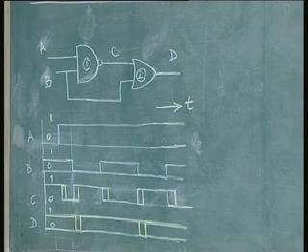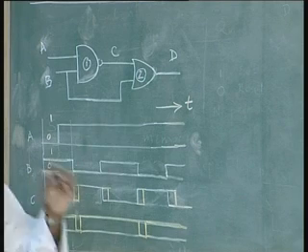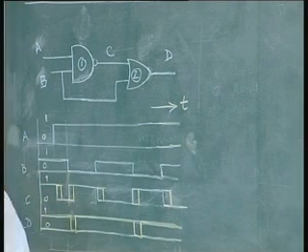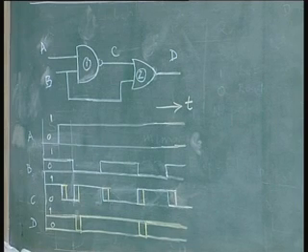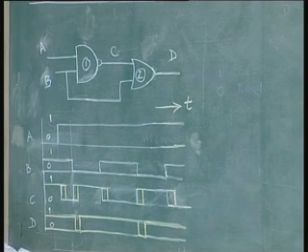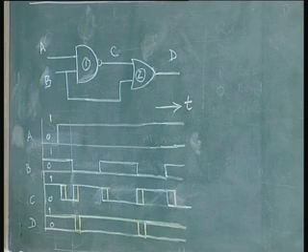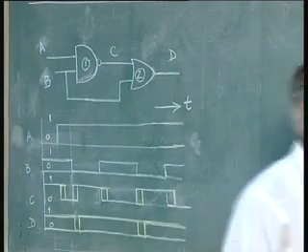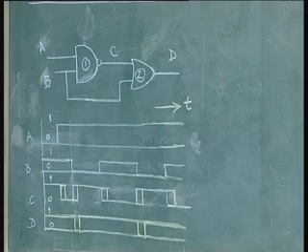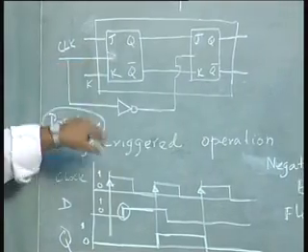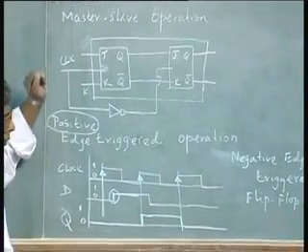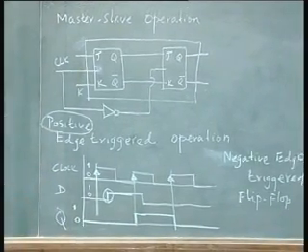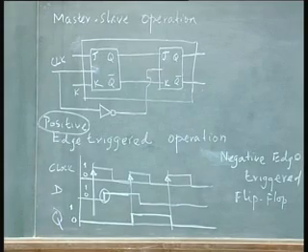We said that the edge of the clock determines the operation. Only during the clock edge will any input be recognized. It is easy to say, but how do you implement it? Because when you are going to have a flip flop of JK type here, we have inputs occurring and the clock occurring, and you cannot suddenly remove one of them and say it is only for a short duration.